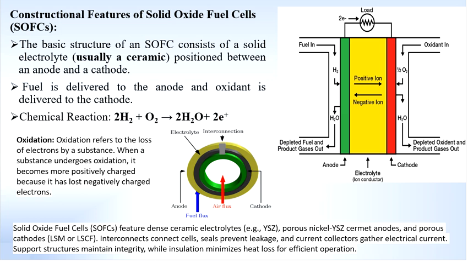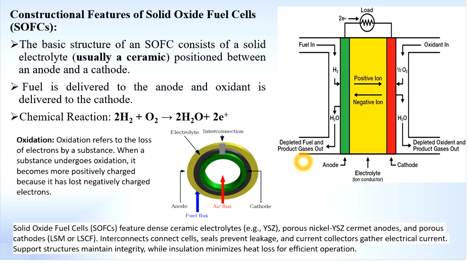In the electrolyte here, the positive ion is moving from anode to cathode, whereas negative ions are moving from cathode to anode. The electrons that are generated at the interface of anode and electrolyte, due to the interaction between hydrogen and oxygen reaching the interface, will be traveling from anode to cathode through the load.